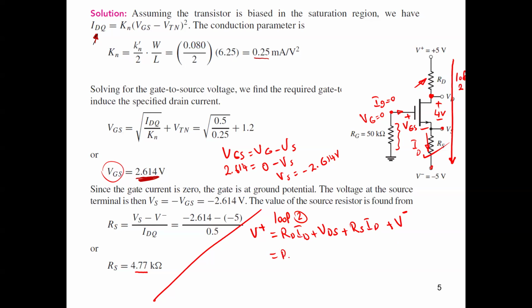RD is unknown times ID equals 0.5, plus V drain to source equals 4, plus RS is calculated 4.77 kilo times 0.5 milliampere, plus V minus is given, minus 5. And V plus is given, plus 5 volt. So you will have one equation and one unknown, which is RD. So you can get RD from here.